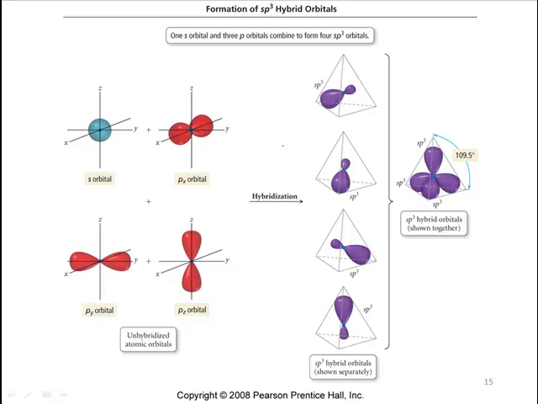So this is an s orbital, that's a p, that's a p, that's a p. When they get hybridized, this is what sp3 looks like. This one, this one, this one, and this one. You notice the 2 sides are not the same, right? You got one side that has a larger area than the other side, larger volume. When you combine them together, okay, you get the sp3 hybrid orbital or the tetrahedral shape.